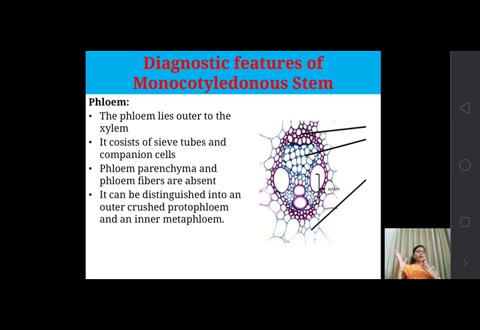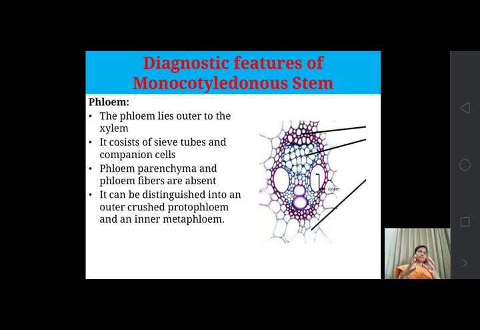In the dicotyledonous stem, a barrel-shaped endodermis is present, and a sclerenchymatous pericycle is also present. It is absent in the monocotyledonous stem. Regarding vascular tissues, in the dicotyledonous stem they are conjoined, collateral and open type, but in the monocotyledonous stem they are conjoined, collateral and closed type.